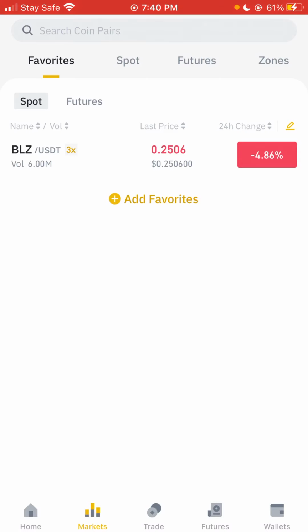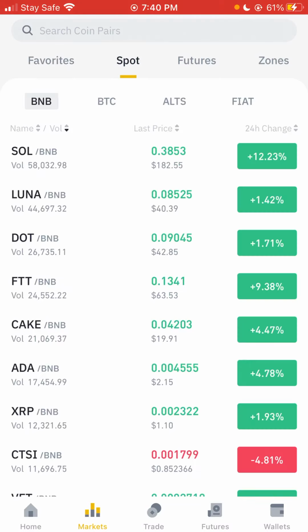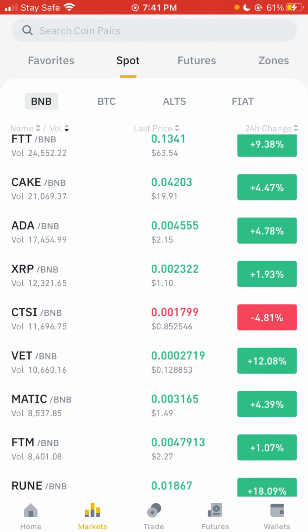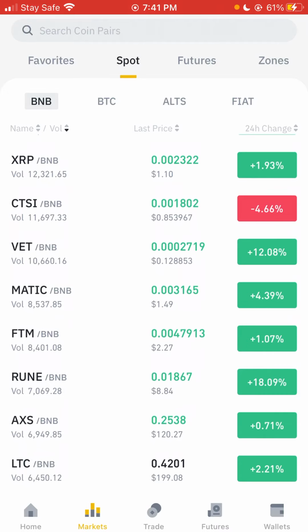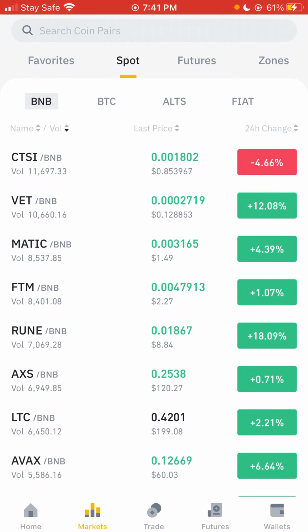Spot, we all know what spot is, where you can just buy and hold. You are not losing any coin, you are not losing any value unless you sell at a loss. If you buy any coin here and you leave it, even if that coin gets to zero and you're still holding, you still have your coin there unless you sell at zero.